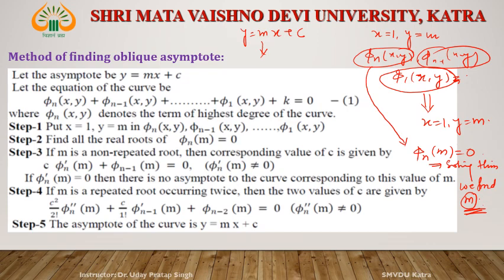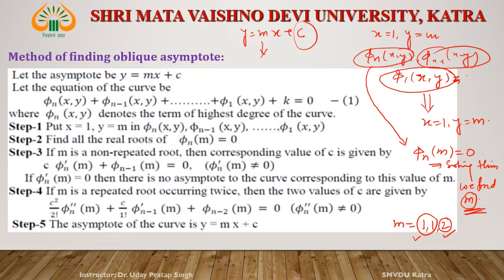What is the procedure of finding c? There are many cases that arise. What are the cases? If we evaluate m, suppose in a third degree equation m is equal to 1, 1 and 2, then 1 is a repeated root and 2 is not a repeated root. For 2 we can obtain a different formula, and for the repeated root we can use a different formula, right?